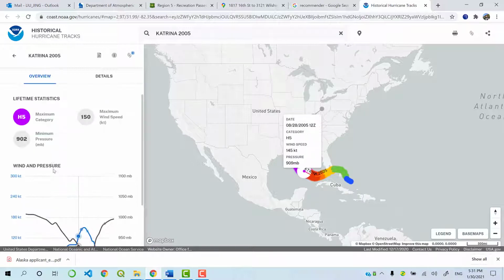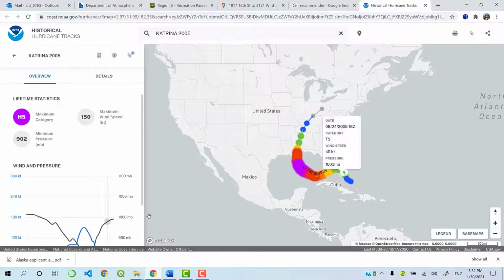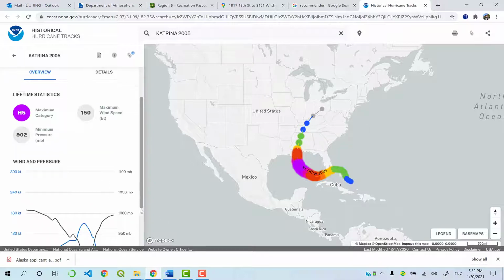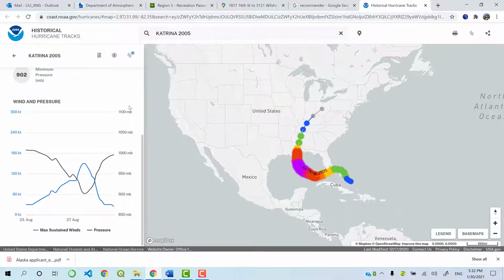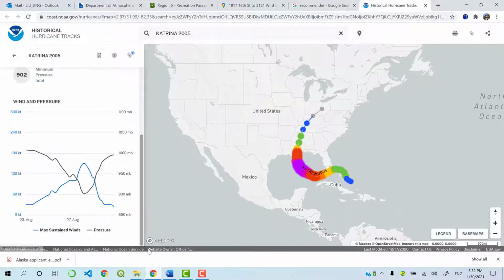Down here you will have a chart to show you the wind speed, read from this side, and also the pressure at the eye wall, the center of this hurricane. You will see a very interesting relationship between those two.